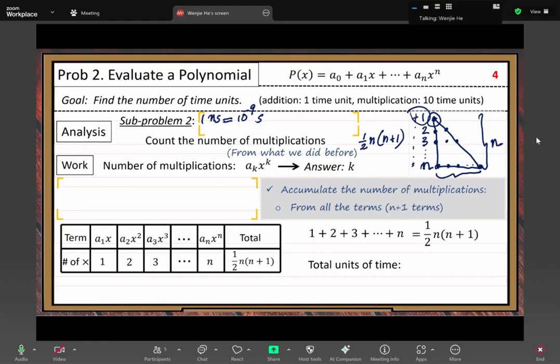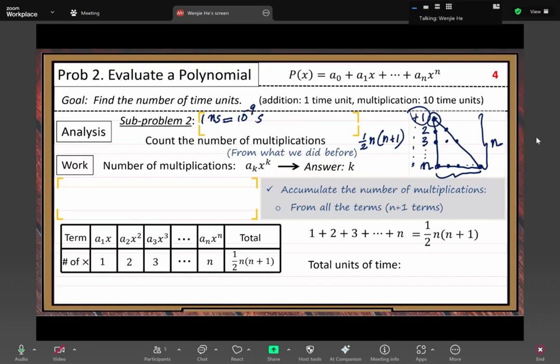Now we need to convert, because at the end we need to combine the total time units used for the whole polynomial evaluation.